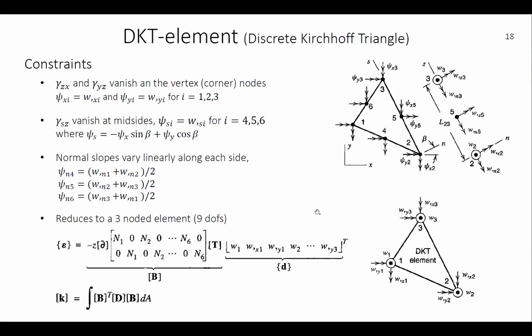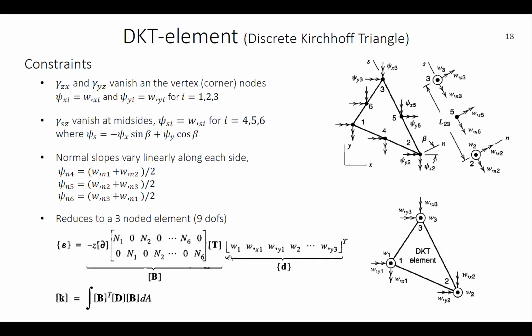In the end, we can condense this to a 3-noded element having 9 degrees of freedom, where the strain displacement matrix is defined by differentiating the shape functions. This triangular element will have some arbitrary position in the xy plane, so we need to have a transformation matrix to transform it into the global coordinate system.